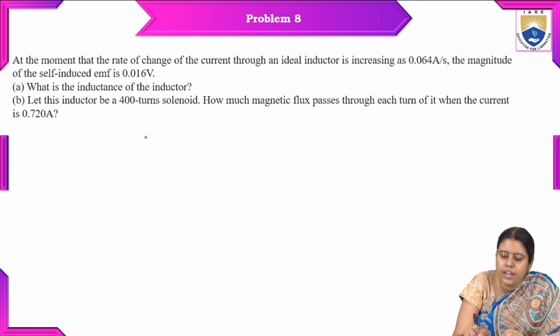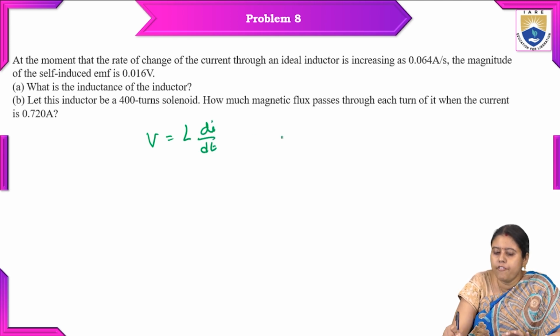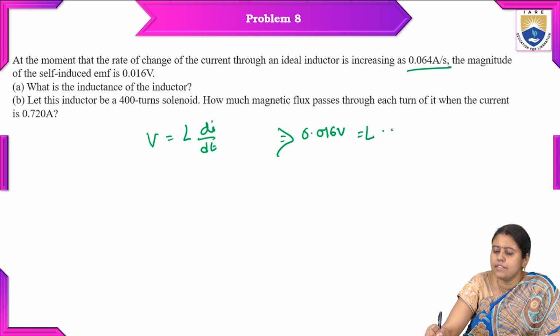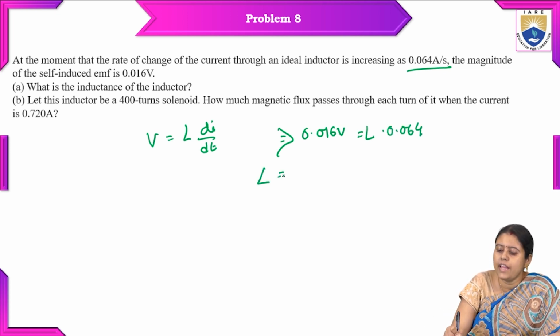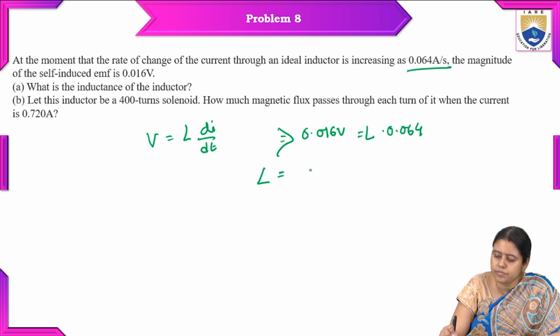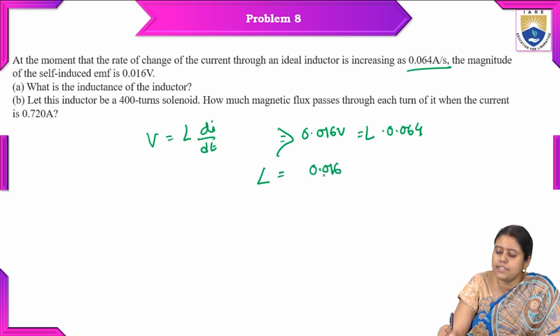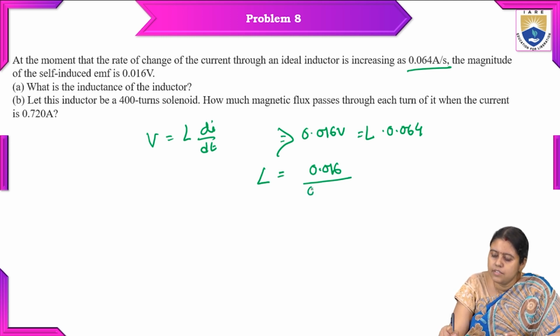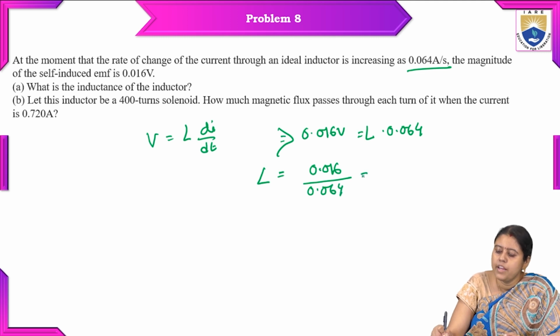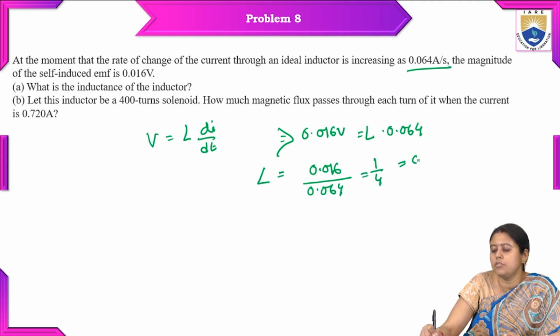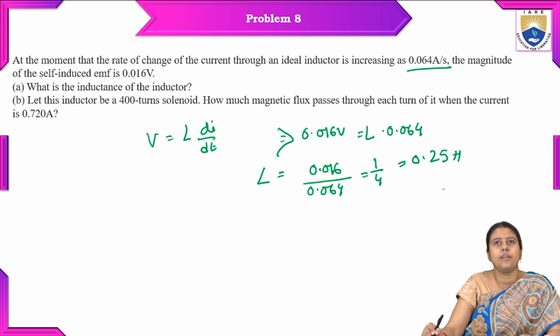Again, same problem, we know V is equal to L di by dt, and V value is given as 0.016 volt, equal to L times 0.064. So what is L? L is equal to 0.016 by 0.064, which is 1 by 4, equal to 0.25 Henry.